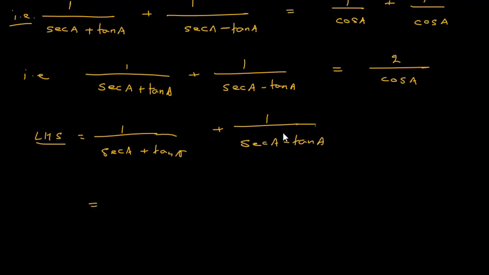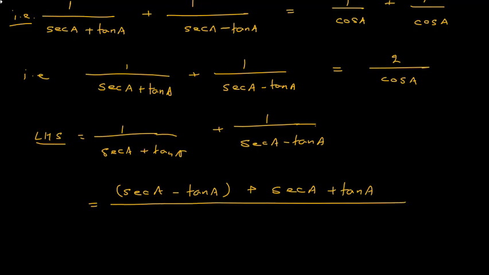So we will cross multiply, so we will get sec a minus tan a plus sec a plus tan a, and the whole divided by sec square a minus tan square a.